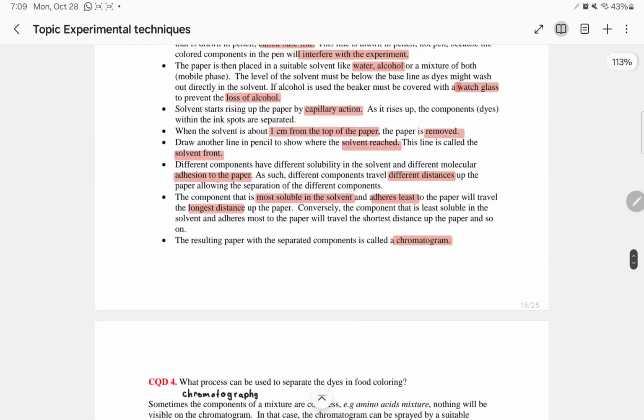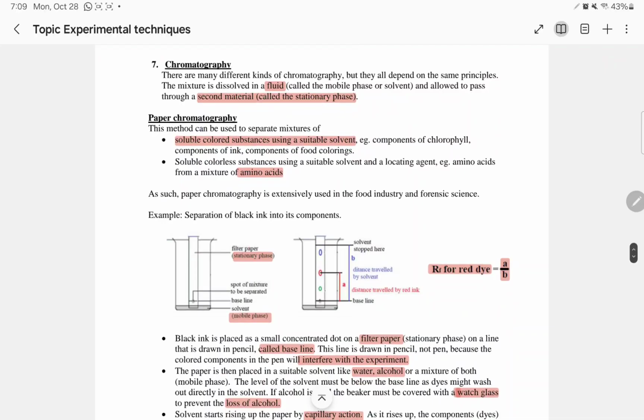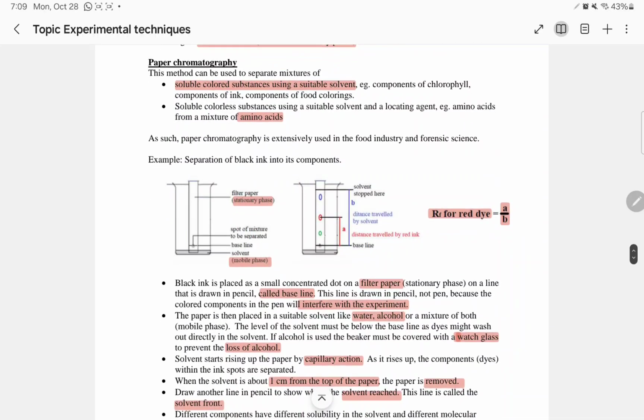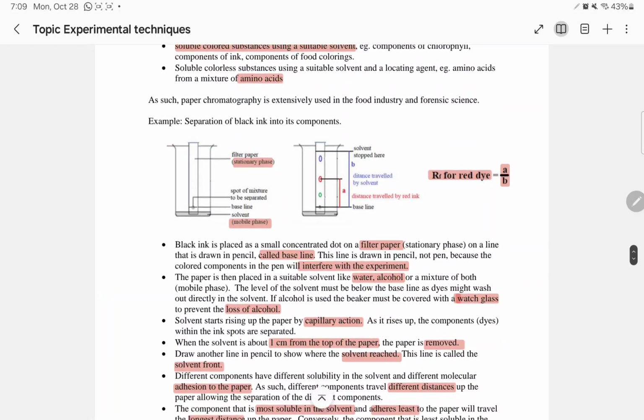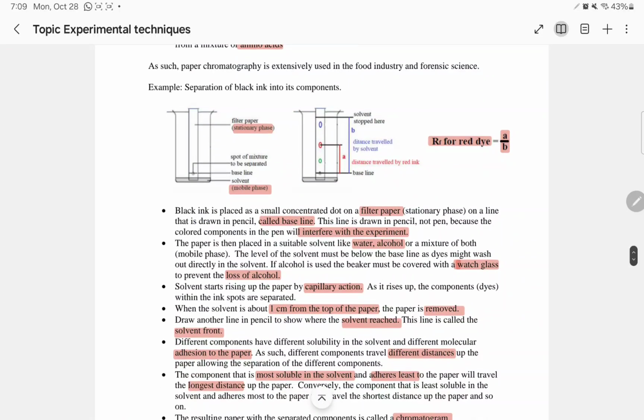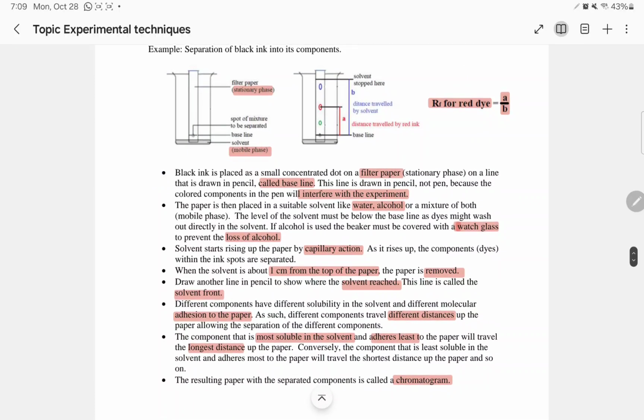Paper chromatography is when you have ink or a dye or chlorophyll or food coloring, and you want to see what the components of it are. You could use it for amino acids also. It's used in the food industry and forensic sciences. Guys, we all took this already.